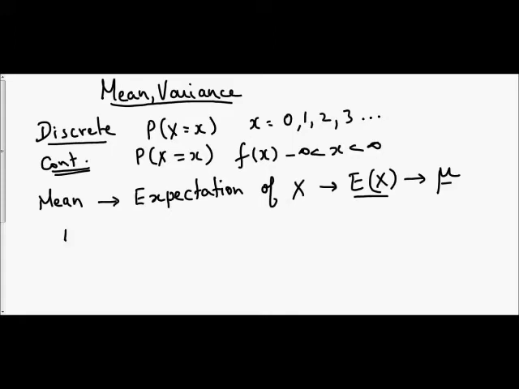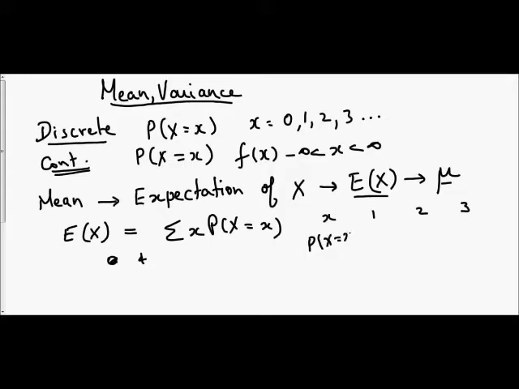The definition for the expected value of X, or expectation of X, is the sum over discrete x of x times P(X = x). Which means, in case you have a probability distribution with x being 1, 2, and 3, and P(X = x) being 1/3, 1/3, and 1/3, how do you find the expected value of X?